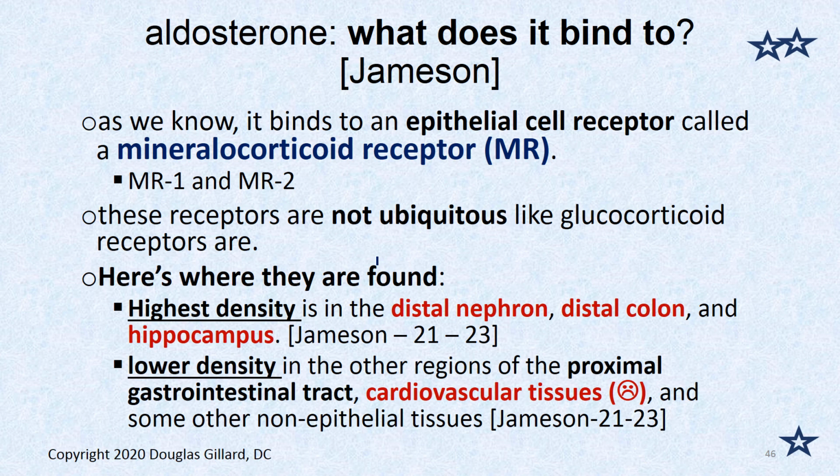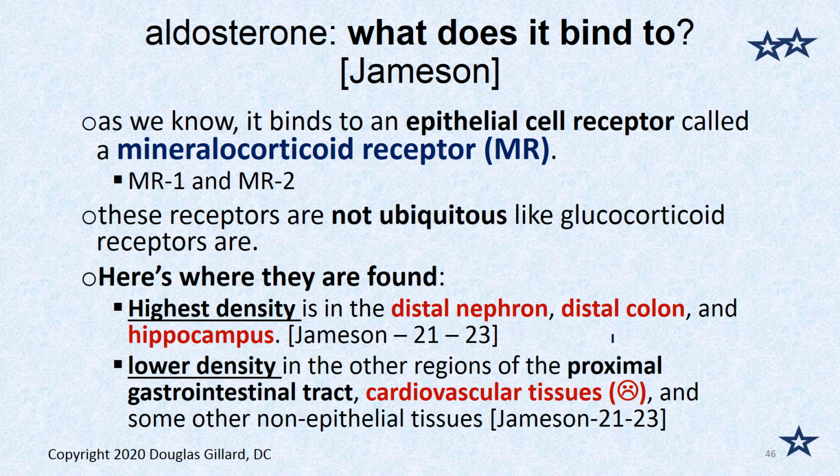Aldosterone, we already said, review slide, binds to mineralocorticoid receptors. Namely, there's an MR1 and an MR2 receptor that it binds to. These are not ubiquitous like glucocorticoid receptors are. They're found mainly in the kidney, and also in the distal colon and in the hippocampus. There might be some research showing them in the intestines as well.